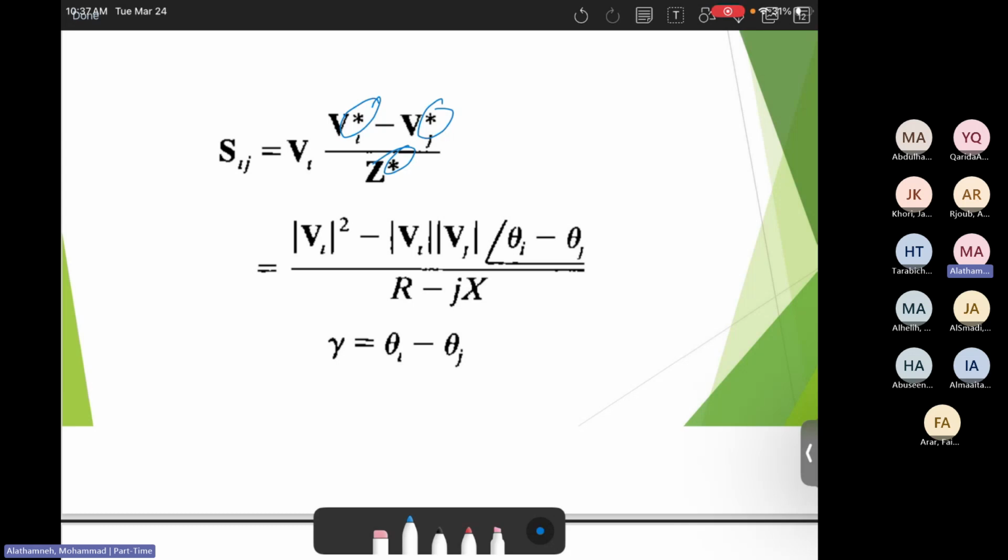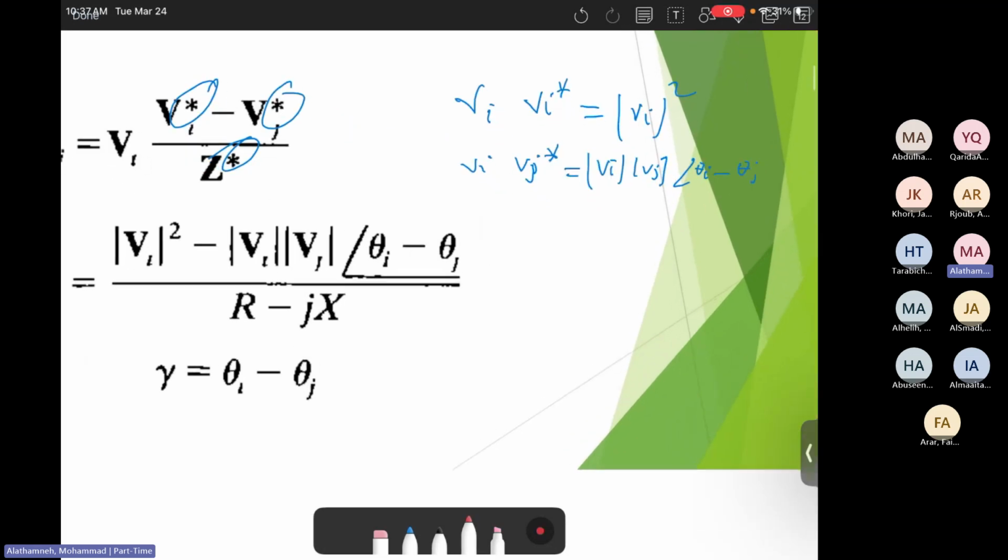Then the next thing is to keep in mind VI times VI conjugate. This means VI magnitude squared, while VI times VJ conjugate is VI times VJ angle theta I minus theta J.